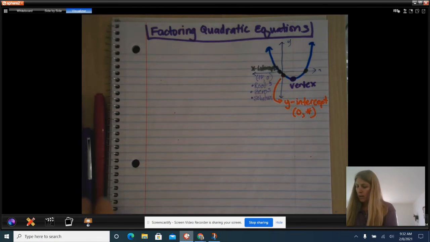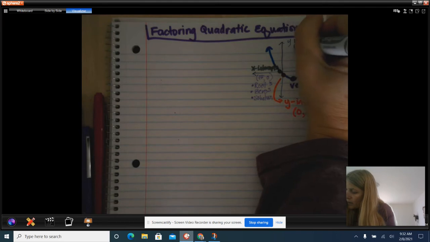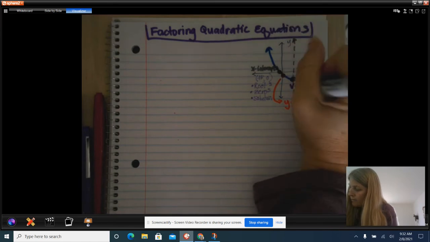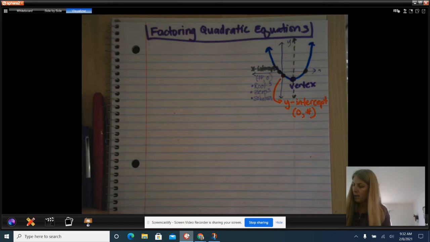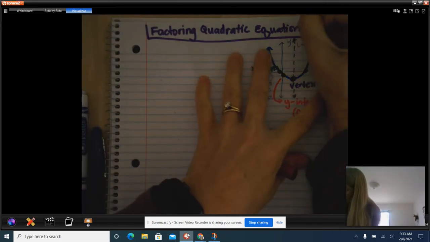Okay, and then our very last little spot here is a line that goes through the vertex and is vertical. And this is called the line of symmetry.